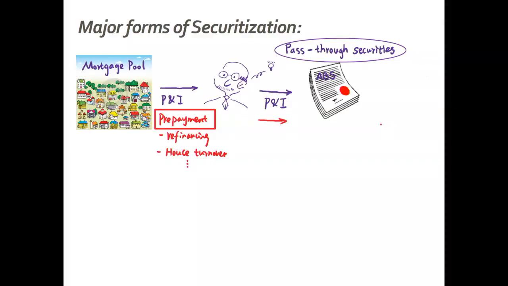From the investor's perspective, if you invest in pass-through securities, you receive monthly payments generated from the mortgage pool. Sometimes you receive more. What are the benefits? What are the costs? Any idea? Benefits should be straightforward.